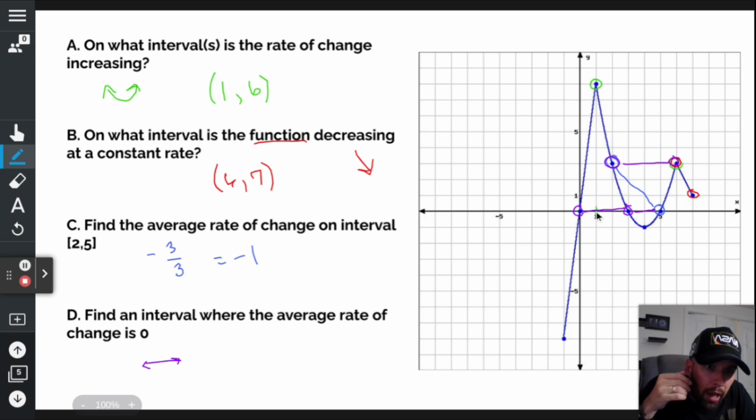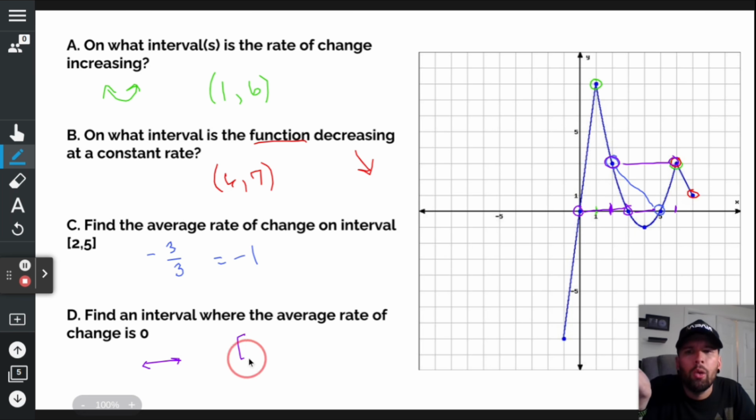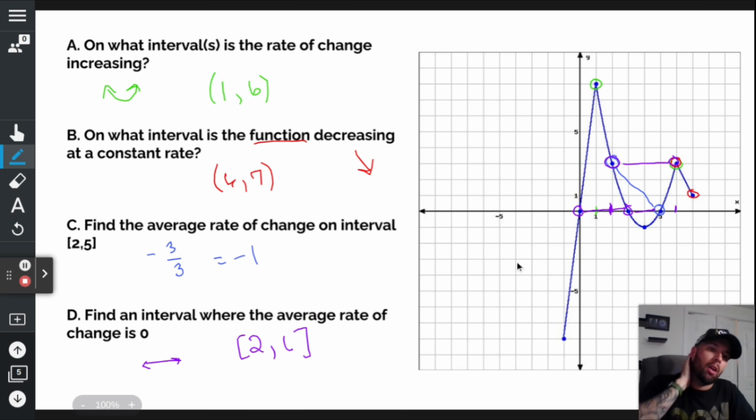If I really wanted to, I could try to predict what that is, but I'm not going to. So I have a bunch of different options. The option that I'm going to choose is from this guy to this guy. So between 2 and what is that? 6. Between 2 and 6, I have an average rate of change of 0 because it's flat. Okay?